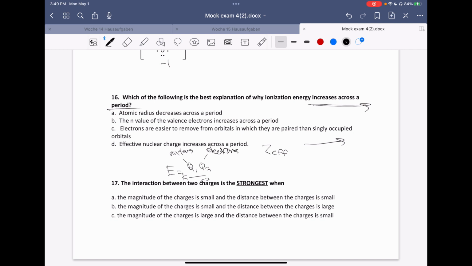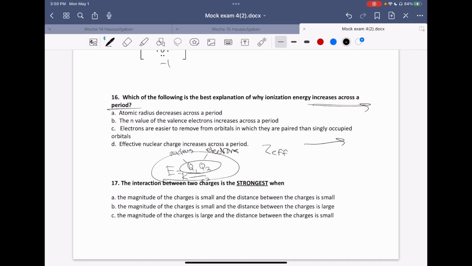As you go across a period, you have more protons in the nucleus, so you have a greater product of both of these charges in the numerator of Coulomb's equation. That increases the attraction between them, so things are held more tightly.